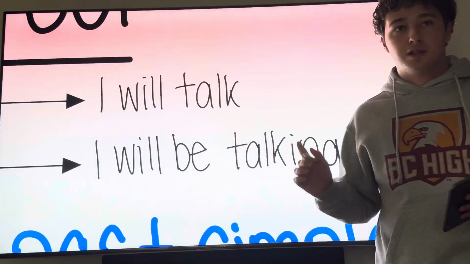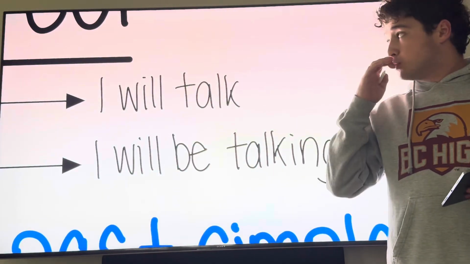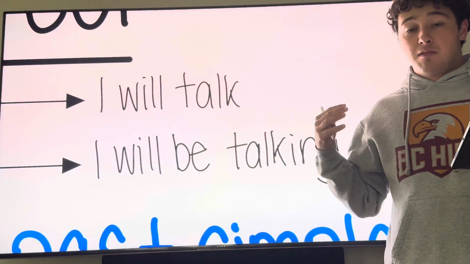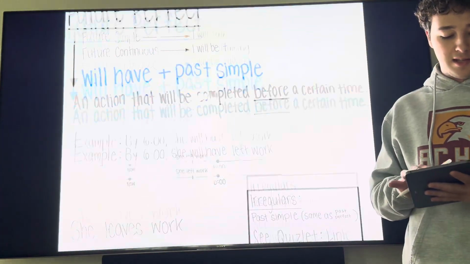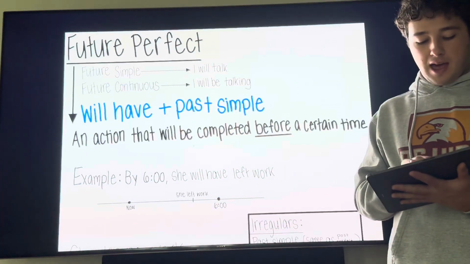That is the difference between the two. Now, the future perfect is similar enough to the simple, and the continuous is the continuous of that. So let's have a look at how to form it.